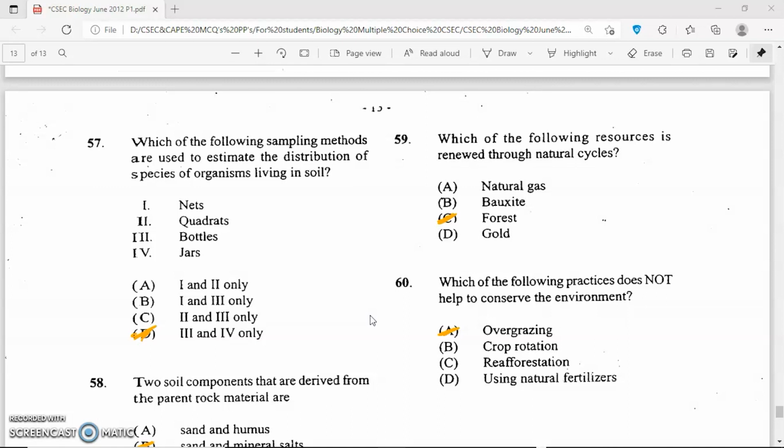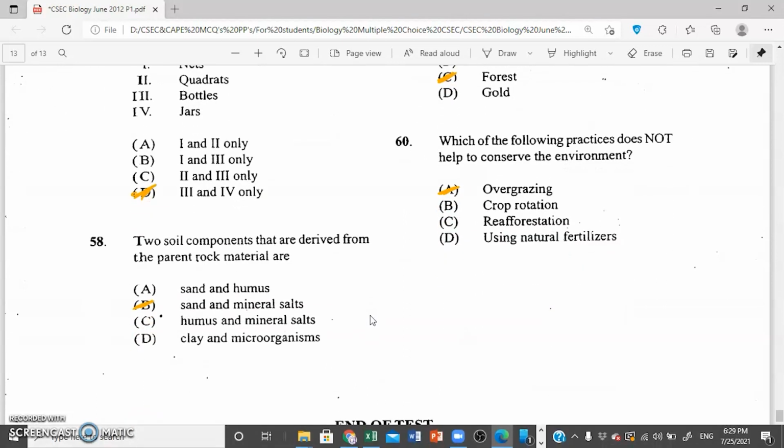Okay, so the most appropriate answer here would be bottles and jars, because you can use them to make what we call pitfall traps. Bury them into the soil, so as insects walk on top of the soil, they would fall into the jar. So that would be 3 and 4, sorry, bottles and jars. So D is the answer there.